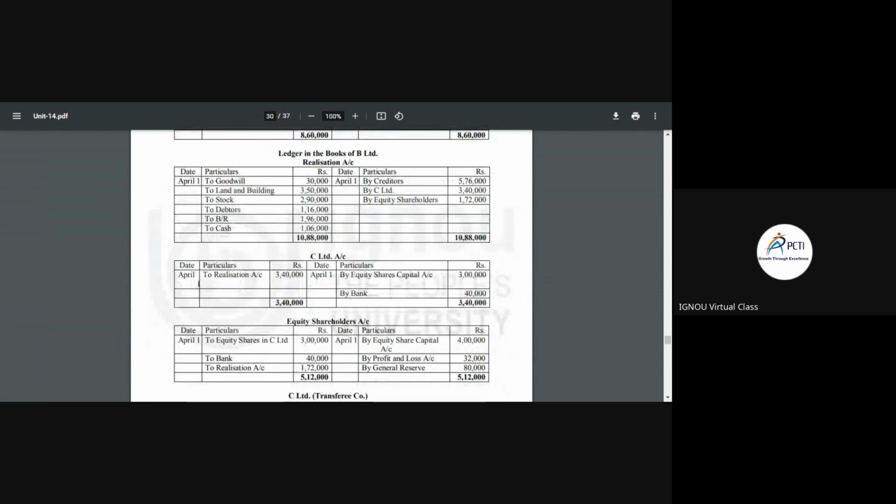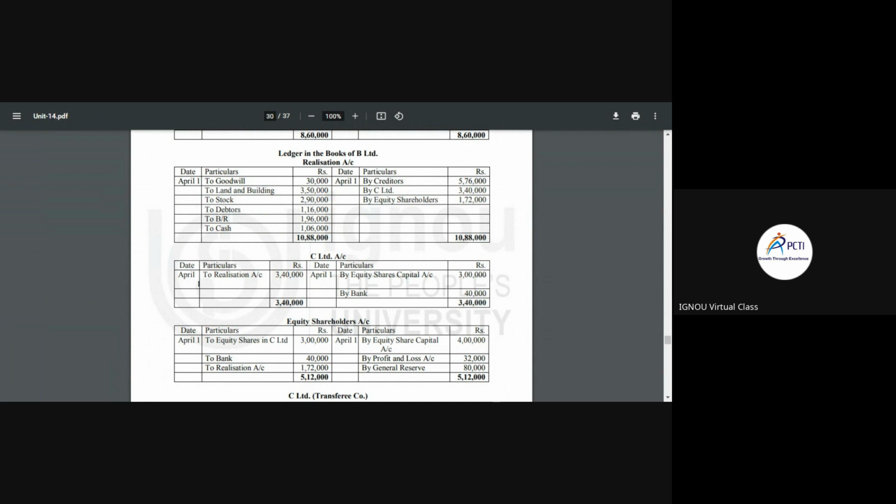So, in the case of the ledger in the books of B Limited, realization account will be to goodwill account, to land and building account, to stock account, to debtors account, to bills receivable account, to cash account. Next one, on the liability side, we have creditors, C Limited, for which we have purchased. Then we have the equity shareholders that will be 1 lakh 72,000.